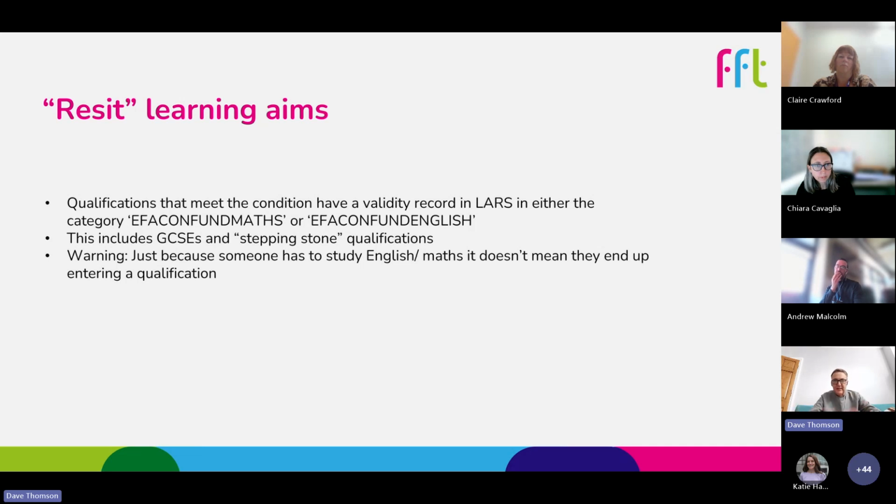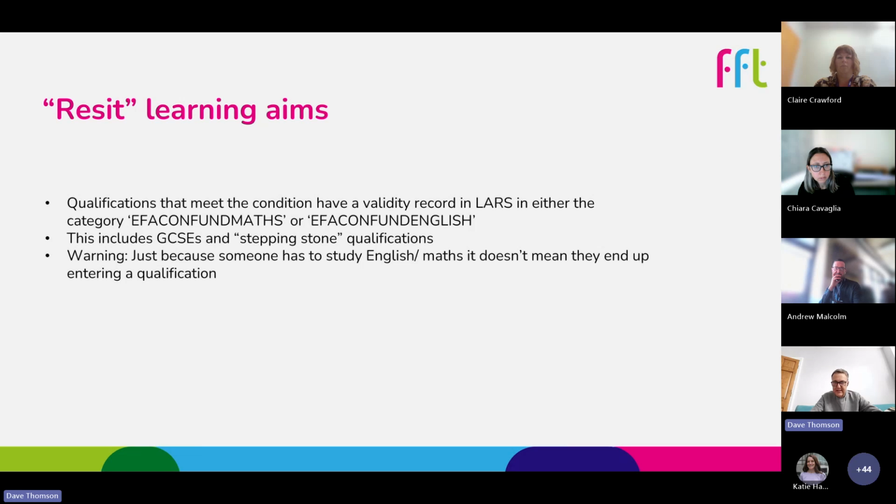You might be interested in resit learning aims. So if you don't achieve a grade 4 in GCSE English or Maths, you're required to continue to study it post 16, and you can find those qualifications because they're flagged in LARS with the EFA Cond Fund Maths or English flags.